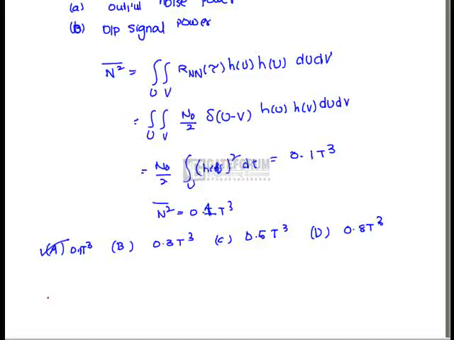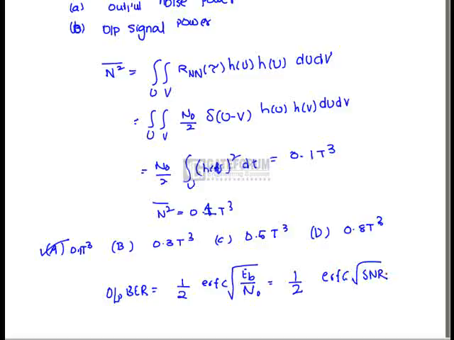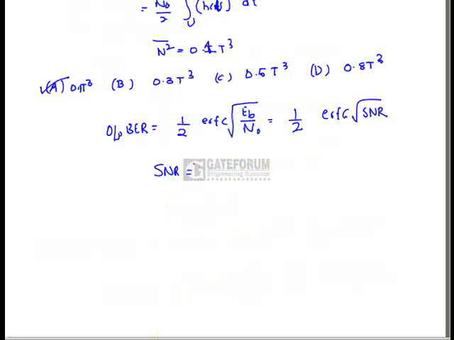Now we have to find the output signal power. Output bit error rate equals half complementary error function of the square root of EB by N naught, which equals 1 by 2 complementary error function of the square root of SNR. SNR equals EB by N naught. Now SNR equals output signal power by output noise power, equals S by 0.1 t cube.